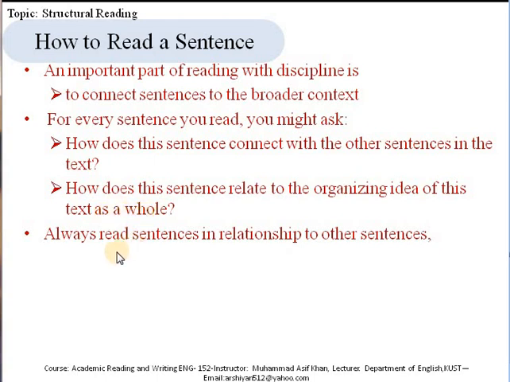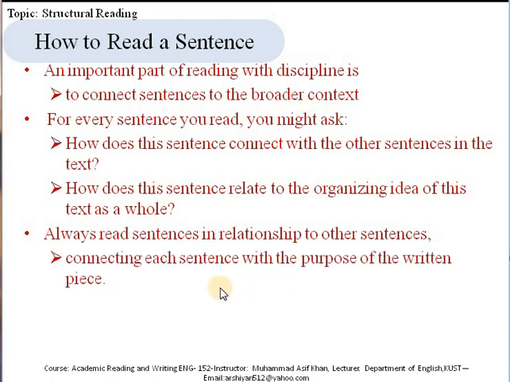So it is very important for the critical reader to read sentences in relationship to other sentences, and for reading with discipline to connect each sentence with the purpose of the written piece.